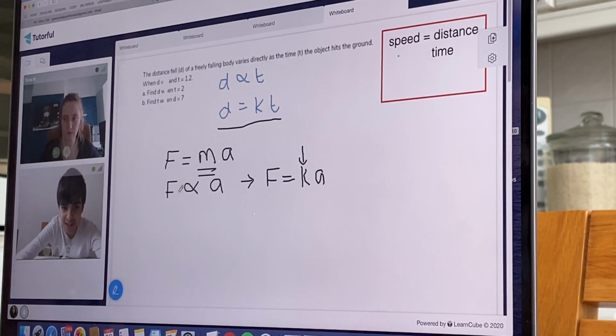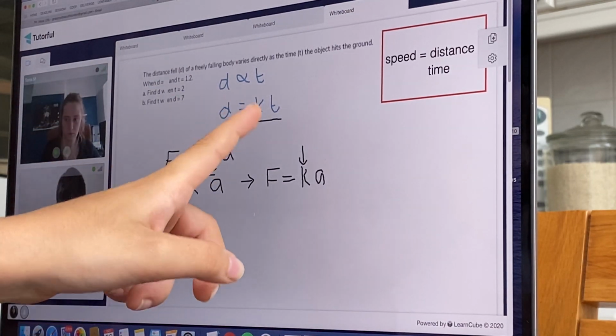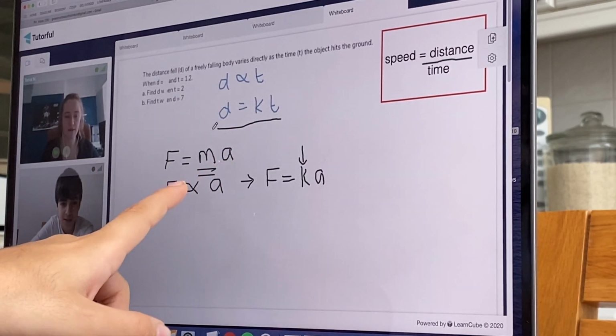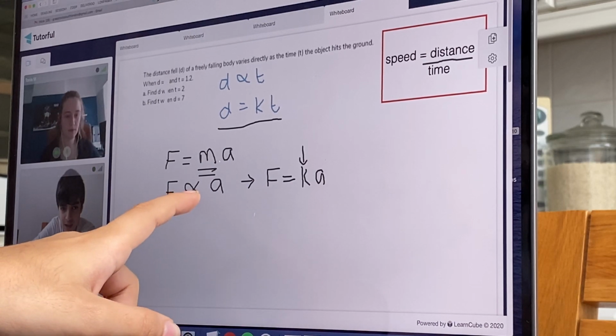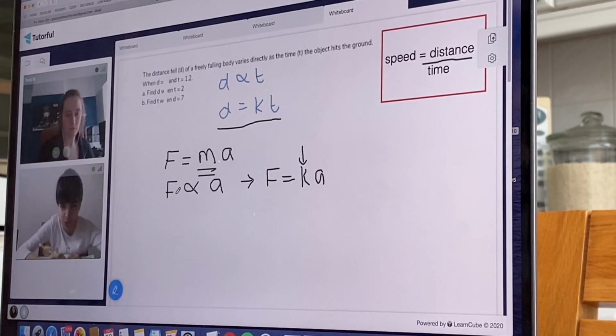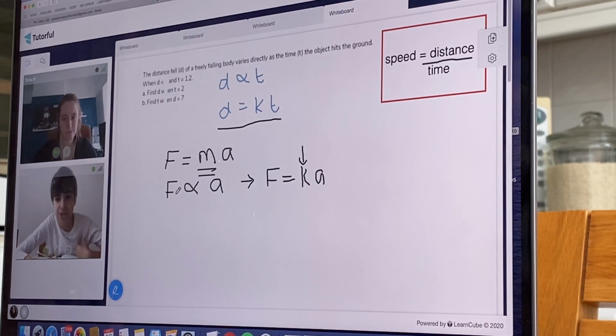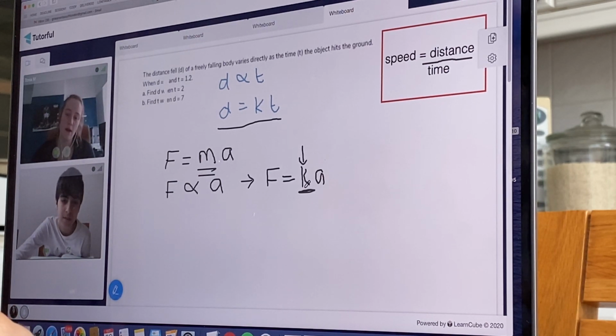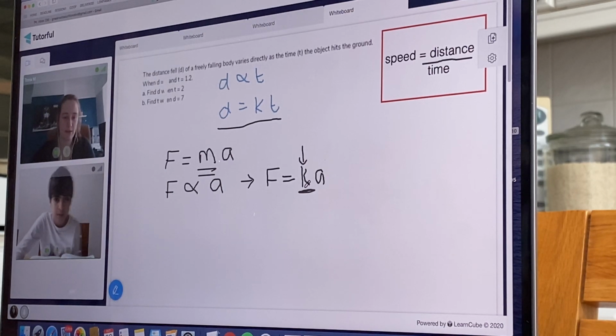If it gave us F equals ma, m is the k. So you would write F is proportional to a, and then the equals sign, F equals ka. I'm just showing you that F equals ma is a formula that we use in real life.